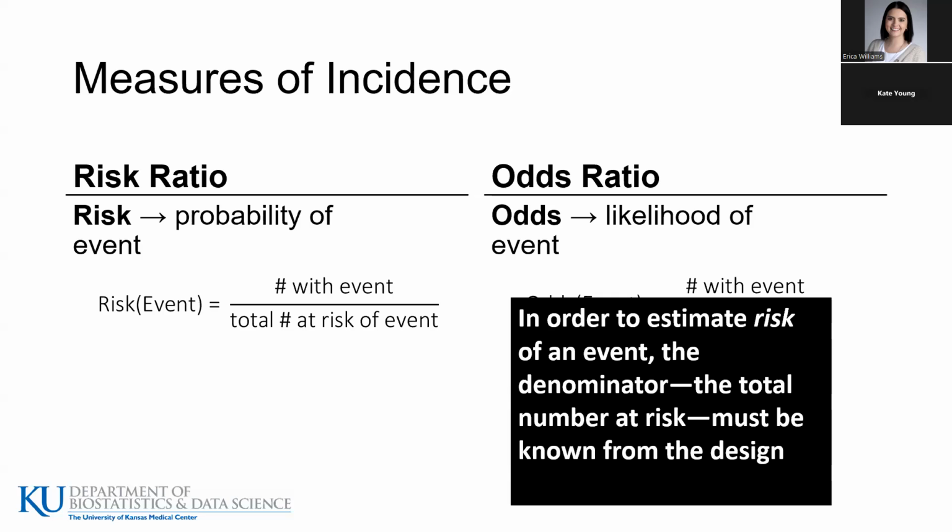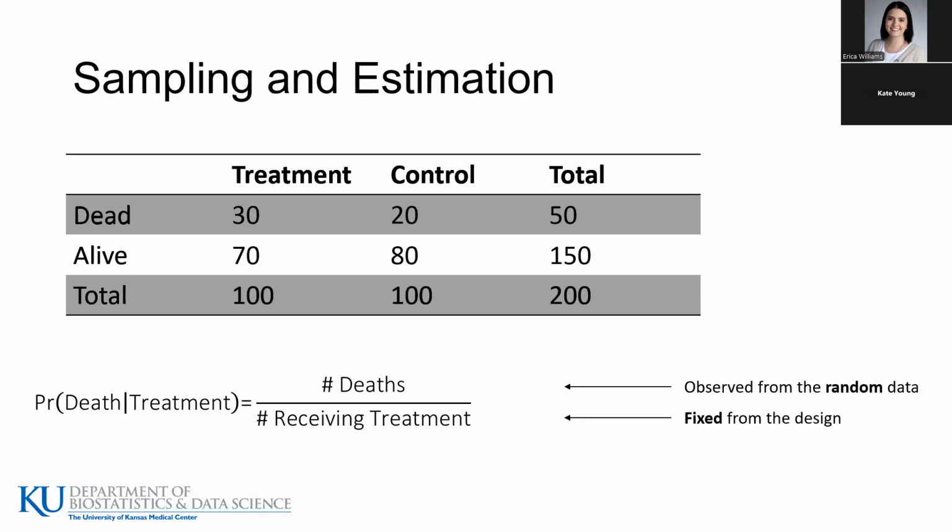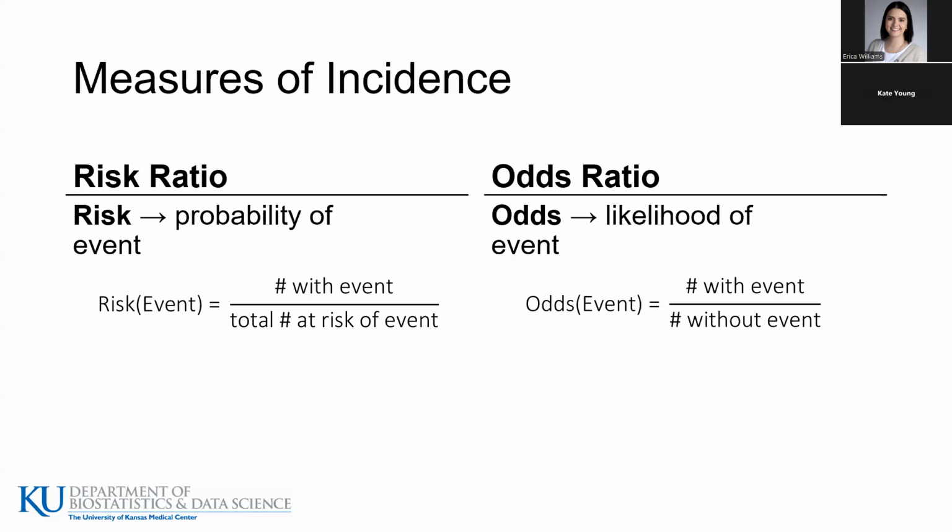The reason for this, going back to the previous slide, is that the number receiving the treatment, or the number at risk, is fixed from the design, rather than the number of deaths being fixed. This allows us to estimate risk in a valid way.